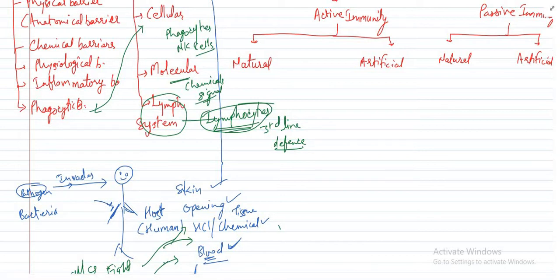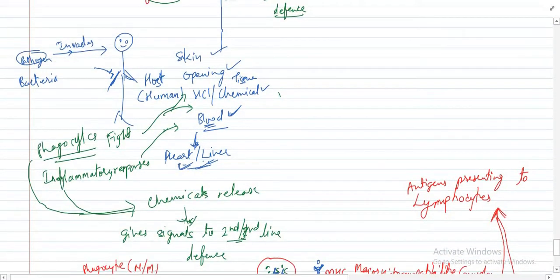So the lymphocyte, whenever they receive the signal of the pathogen as I discussed with you here, you know very well that there are two types of lymphocytes. One is B lymphocyte and second is T lymphocyte.